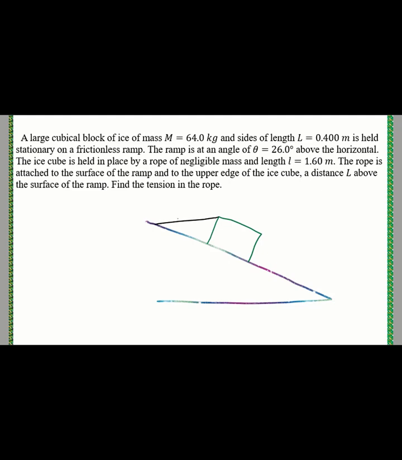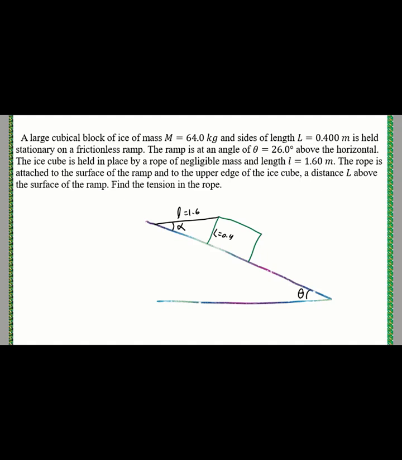This rope has a length of L equals 1.6, and the height here is 0.4, so we can find the angle here. Let us name it alpha, and that one is theta.